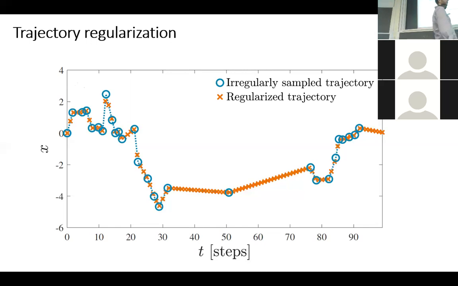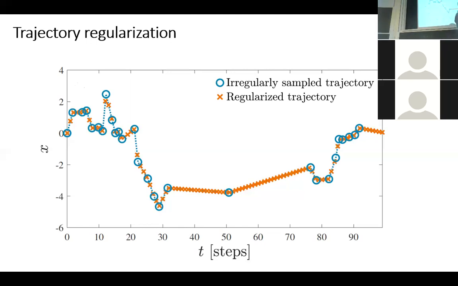That's why we need a function numerically to go from these blue circles to orange crosses, so that we regularize. What we do here is go linearly in time and sample whatever the point is. We make a linear approximation for each point in time where we calculate the position.